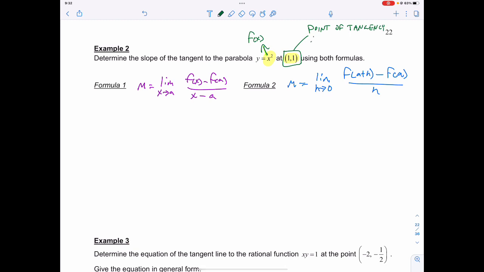This means that a is equal to 1, and f of a, or f of 1, is also equal to 1.